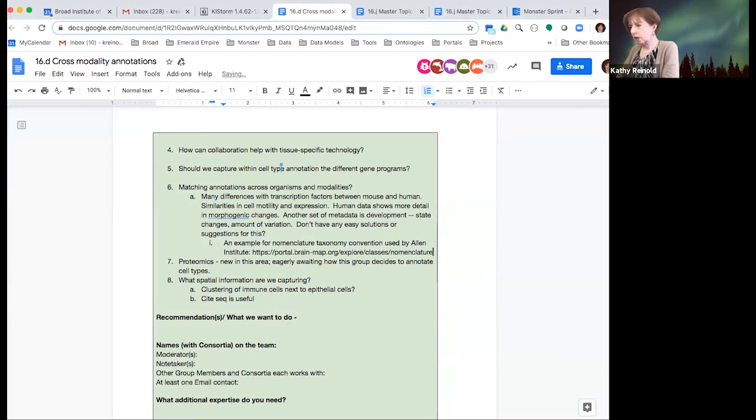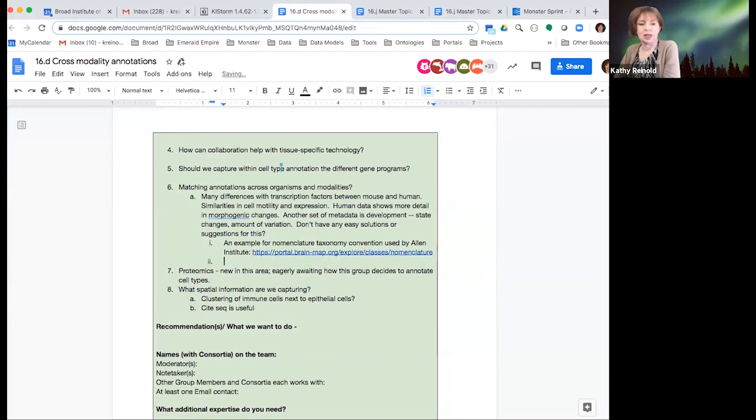The next one, proteomics, is relatively new, but interested in what we're doing. I don't know that there's any actions there, except maybe we want to reach out to include proteomic people more often, or maybe it's too early.